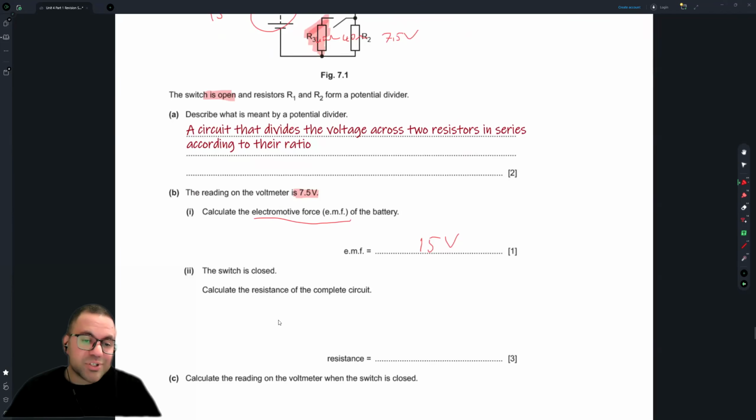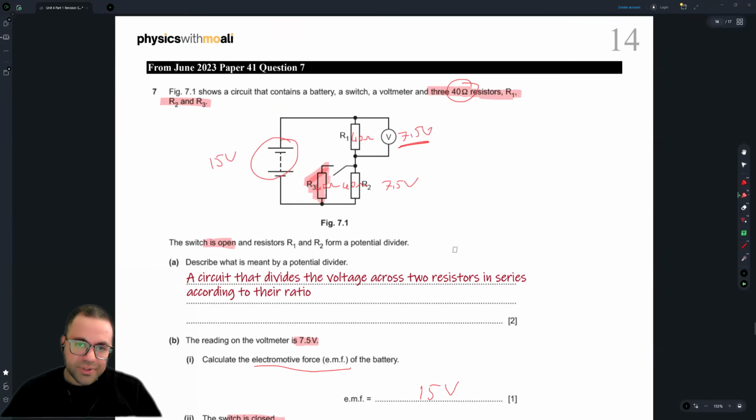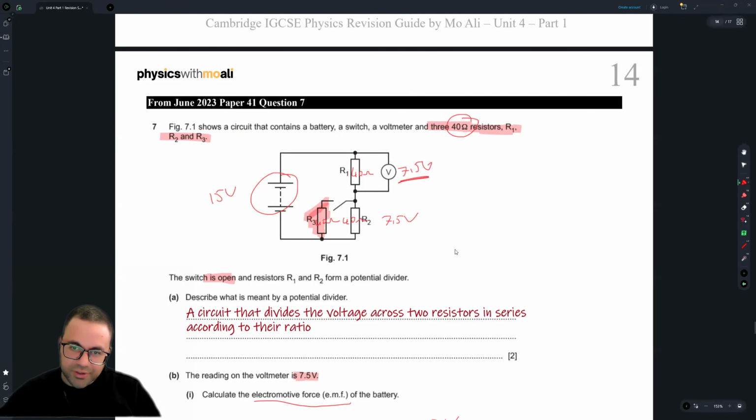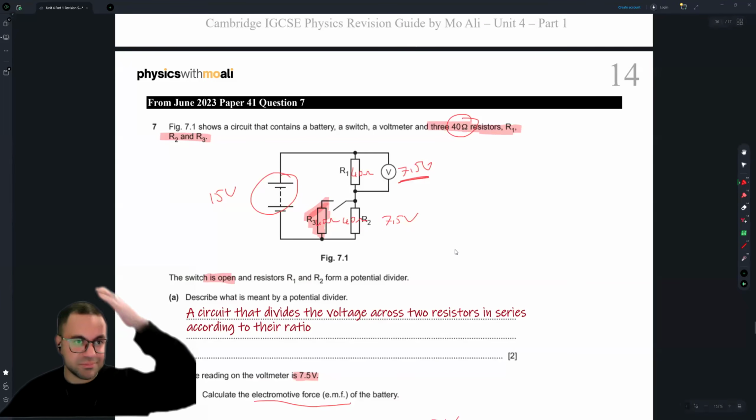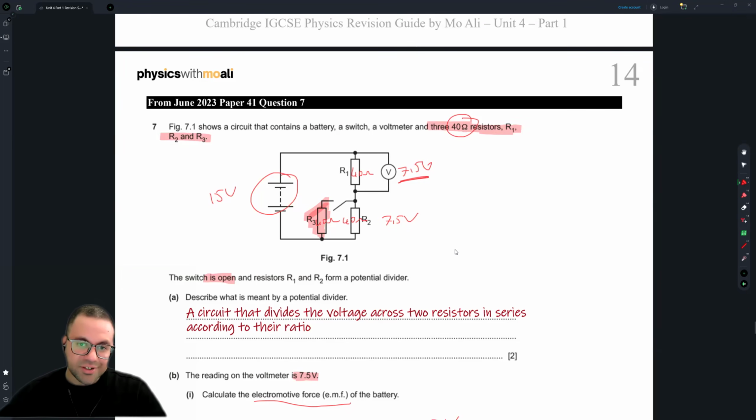However, now the switch is closed. Oh boy. What's the resistance of the complete circuit? I'm going to redraw the circuit here, but instead of vertically, because sometimes mentally in your head it's hard to imagine, I'll draw it horizontally. Like I'm just going to rotate this 90 degrees. Here's R1, and then there's R2, and then like R3 is above that.